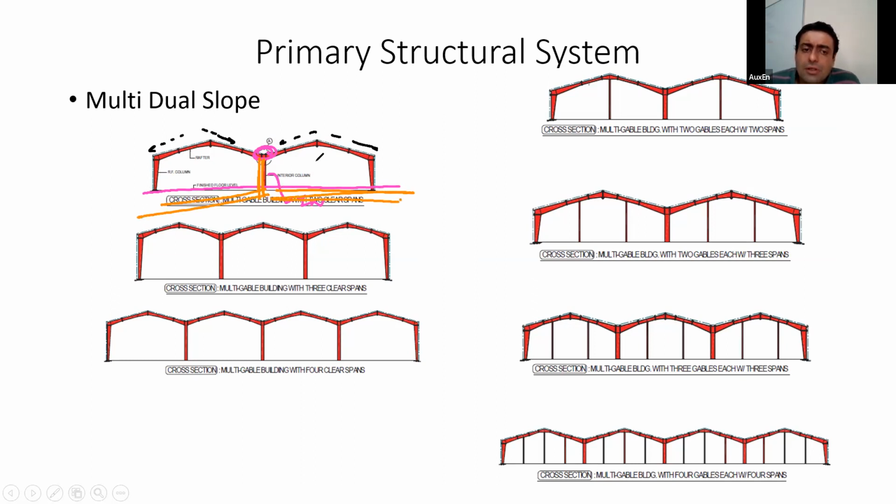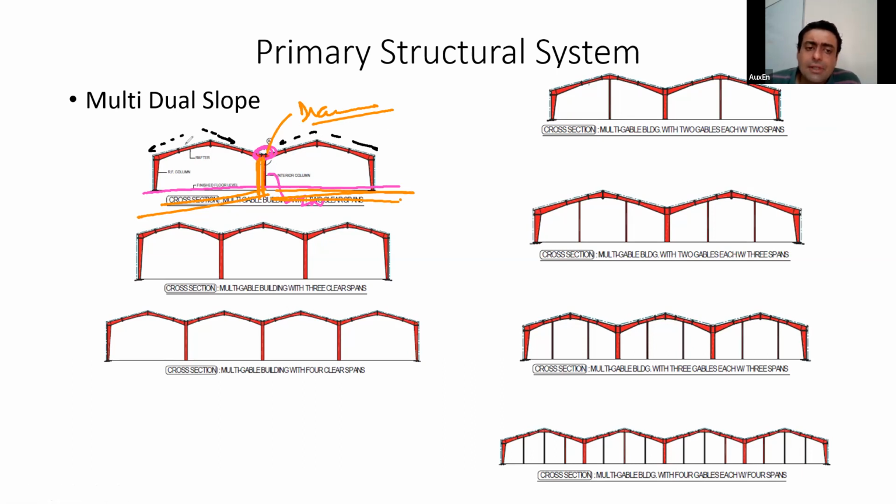Okay. So even after that, whenever you inspect any multi-dual slope system, you will always find a problem of drainage. That drainage issue is always seen in this type of an assembly. Even after providing proper slopes to our gutters, even after providing proper downtake pipes, you will always see this water drainage issue.